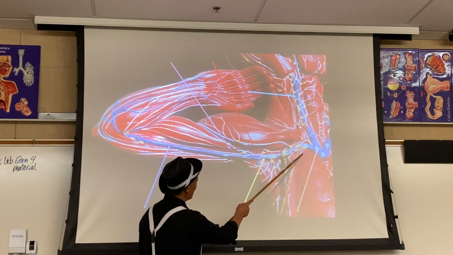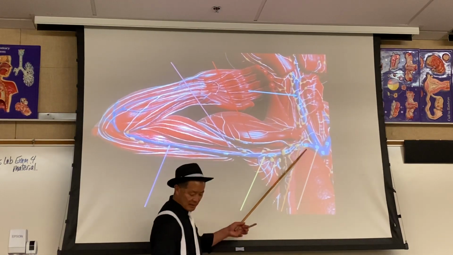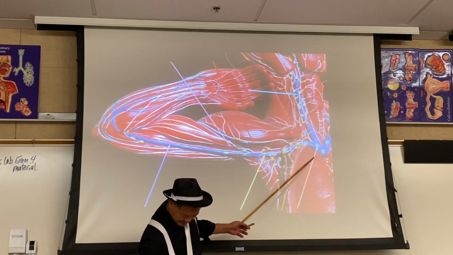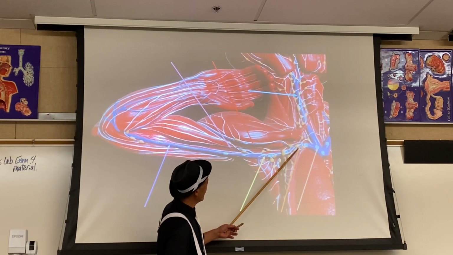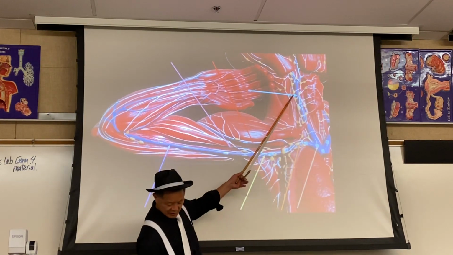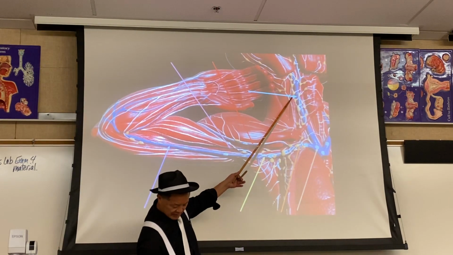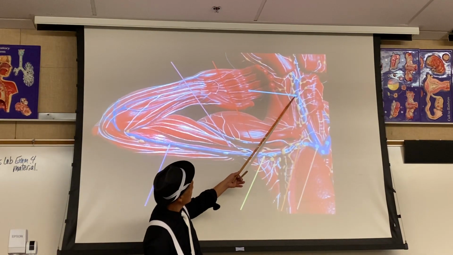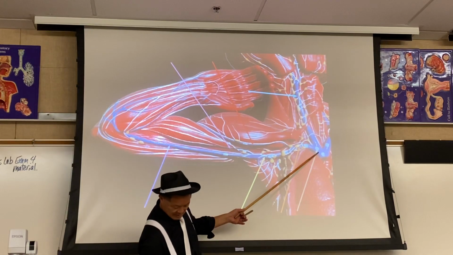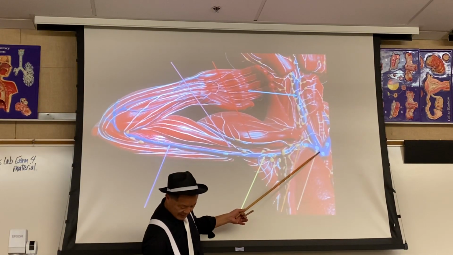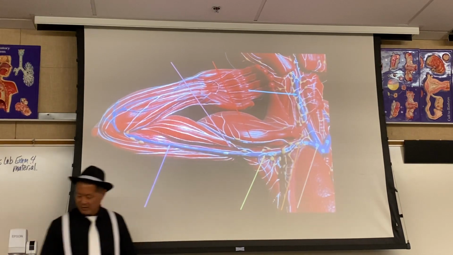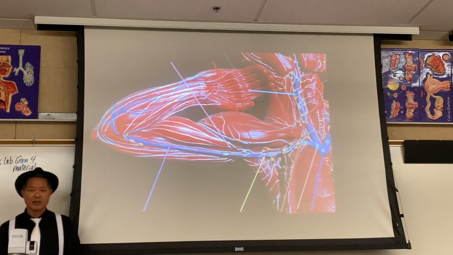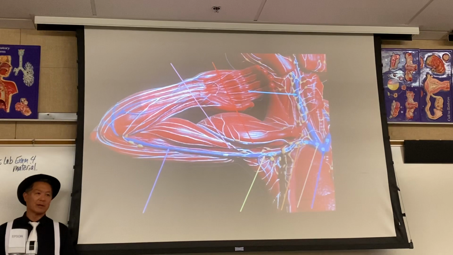When it goes deep, it changes names to right subclavian vein, 41R. This manufacturer only includes internal jugular veins, so this is 39R. When it merges, it's brachiocephalic vein, 38R and 10. And blue is 37, superior vena cava.